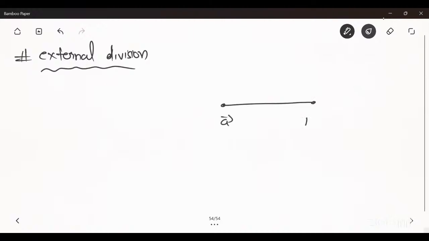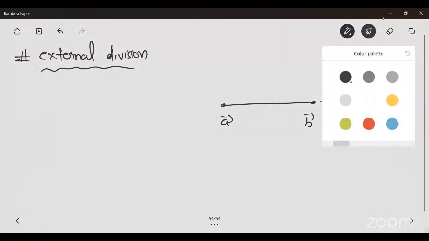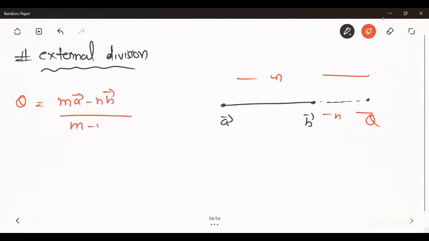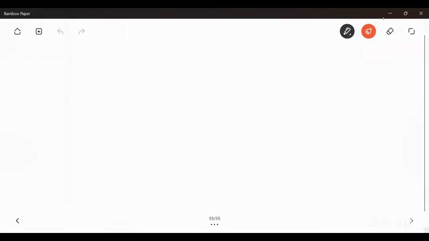This is A vector, this is B vector, and let's suppose a point Q comes here, which divides the line externally in the ratio m to n. So the position vector of point Q will be m A vector minus n B vector upon m minus n. So these are the formulas for internal and external division of a point.